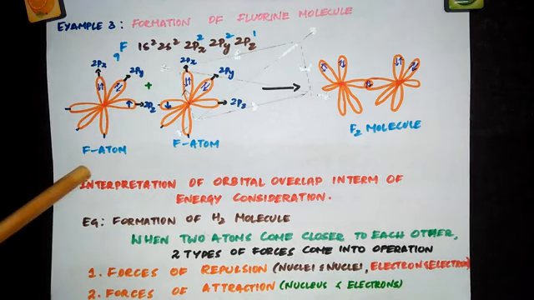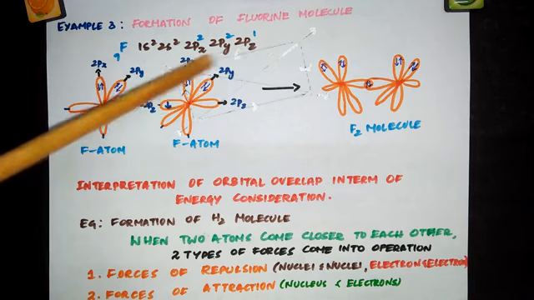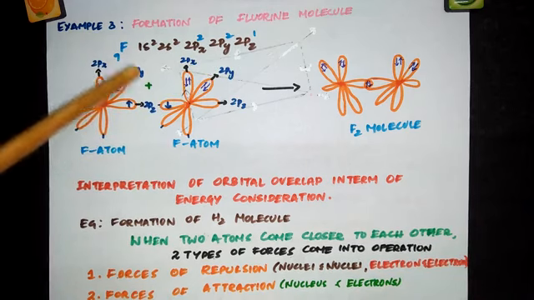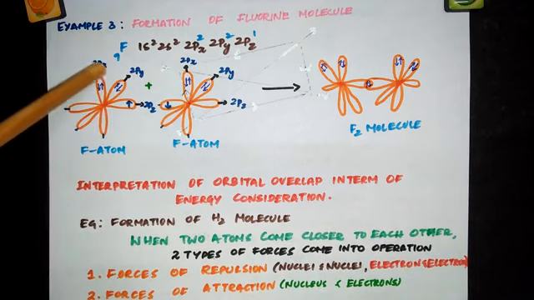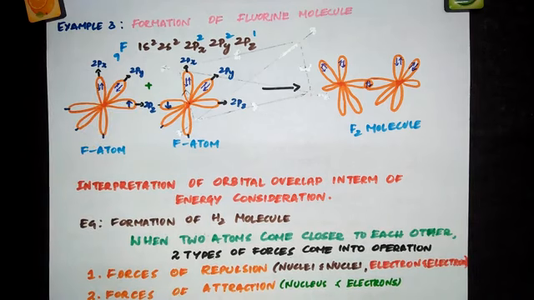So this is one fluorine atom, this is another fluorine atom. So in this fluorine atom, we have this 2p orbital in three different orientations, 2px, 2py and 2pz. 2px 2 electrons, 2py 2 electrons and 2pz 1 electron. This is the orbital picture of one fluorine atom.